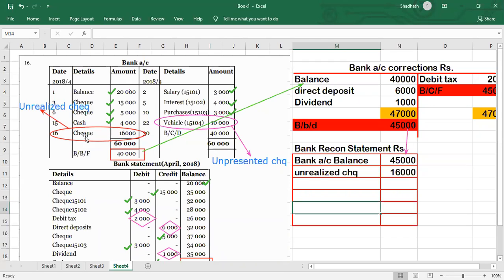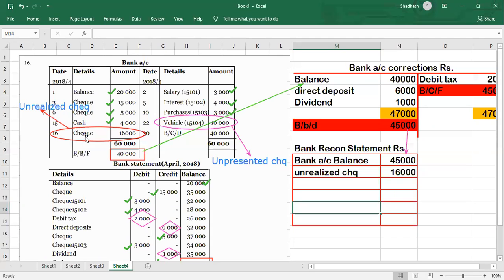Likewise, because we deposit, we can't be 100% sure that our bank balance is increased. Until that check comes to the bank statement, my dear student, it never increases the bank balance. So when we deposit a check of 16,000, we imagine our balance is increased.